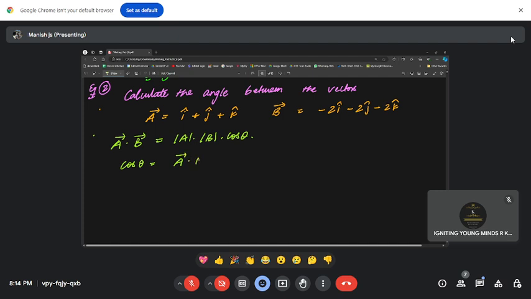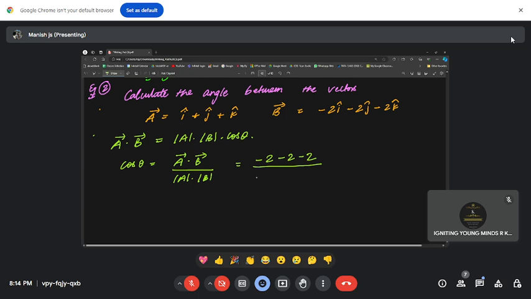It's the dot product of both the vectors A and B upon the modulus of A times modulus of B. Okay, that's it. Now go and substitute the dot product. So for dot product, you need to find out the dot of both the vectors. So in the numerator, what do you have? It is minus 2, and minus 2, the whole upon modulus of A.